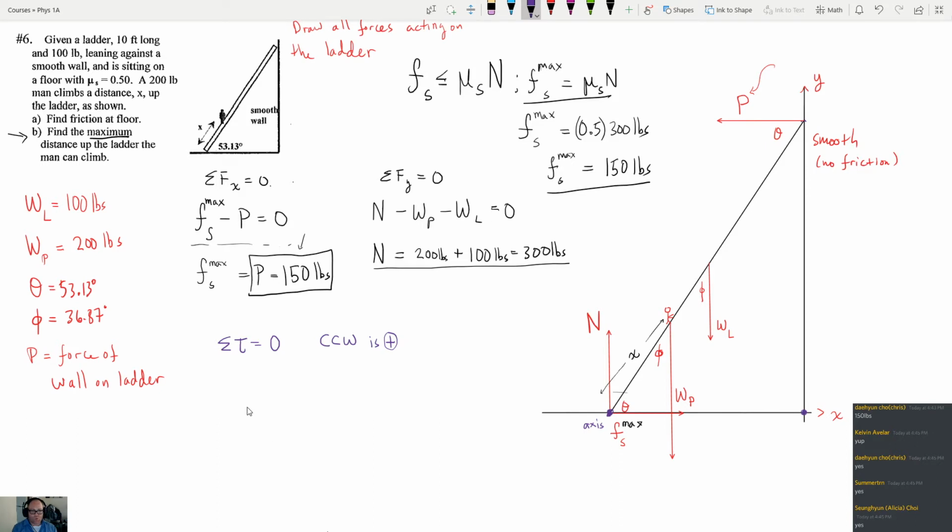So let's start doing it. So net torque equal to 0. I'm saying counterclockwise is positive, so let's start with P. Remember, our definition of torque is going to be torque equal to RF times the sine of theta, right? So for P, what is our R going to be? What's the distance from the axis to point P in this case?